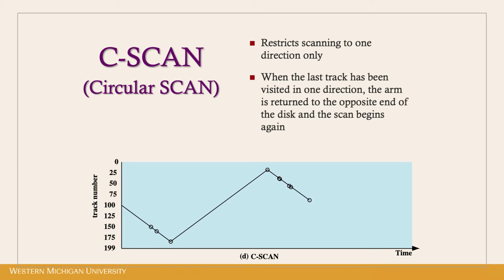Now, C-scan, or circular scan, restricts scanning to one direction only. So when the last track has been visited in one direction, the arm just returns all the way to the opposite end, and the scan begins again. It's similar to scan, except in scan, we're scanning during both directions of the arm movement, whereas with circular scan, we only scan in one direction and then just jump the arm all the way back to the other side and scan through in the same direction again.